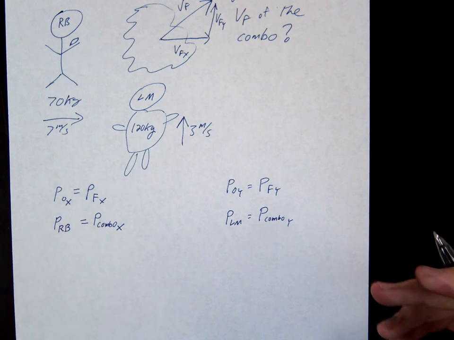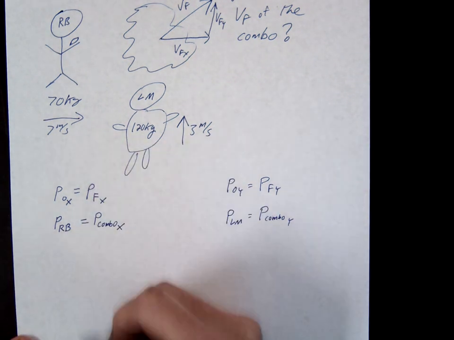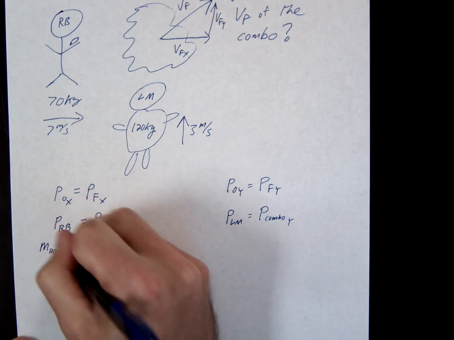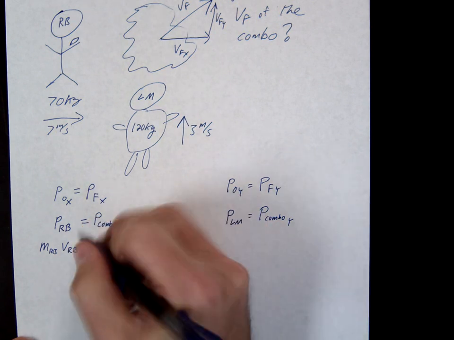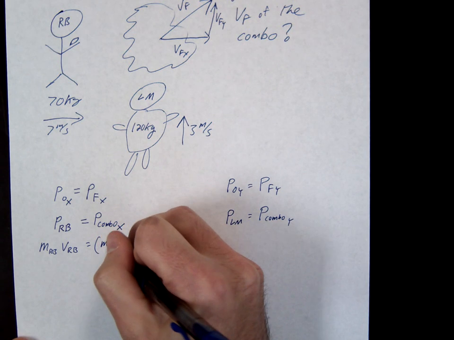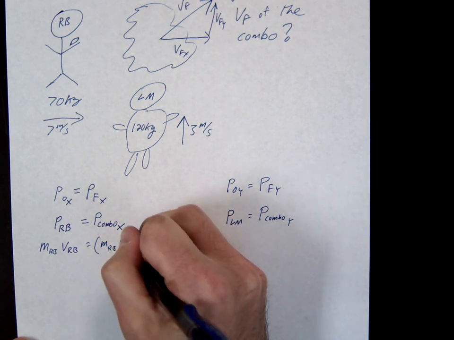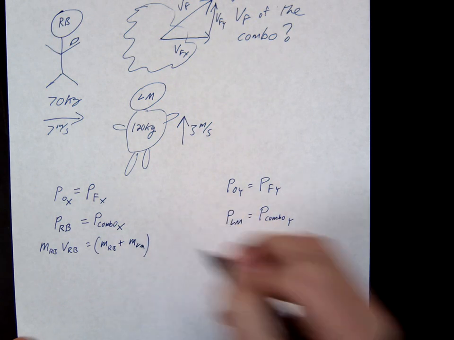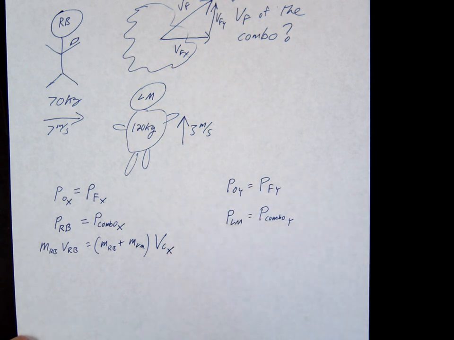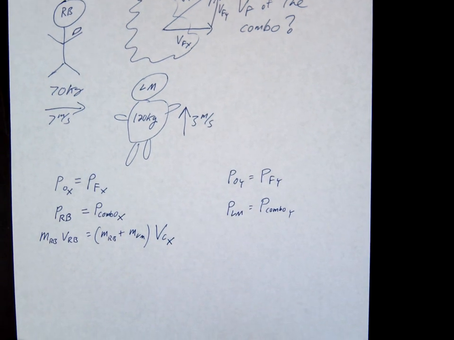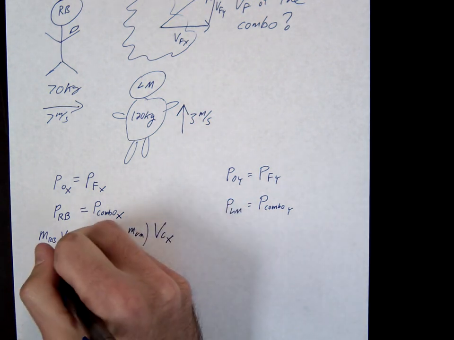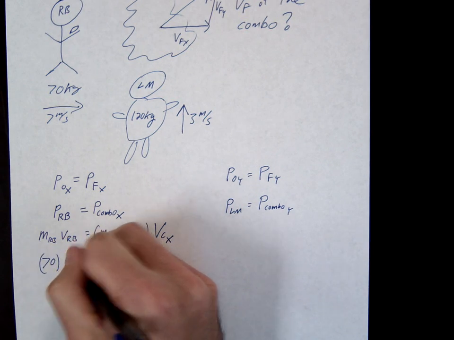Okay, let's start doing some numbers here. Actually, let's just deal with the x first, and then we'll deal with the y. So this is going to be the mass of the running back times the velocity of the running back. That's going to combine together, so that means we're going to combine both masses. So the running back's mass plus the lineman's mass times V combo x. The initial momentum of the running back, 70 times 7.